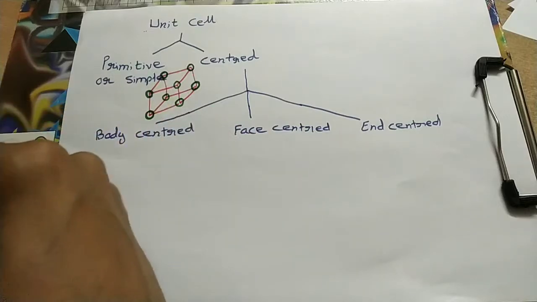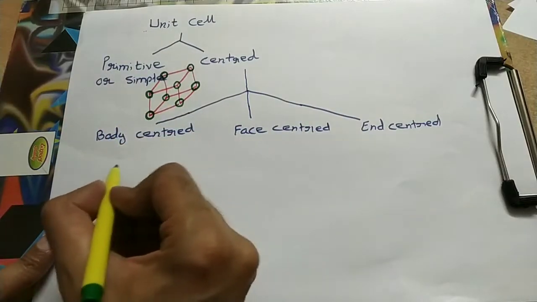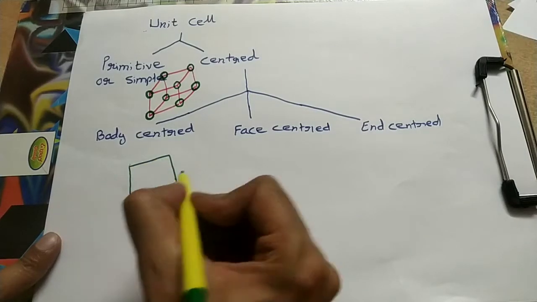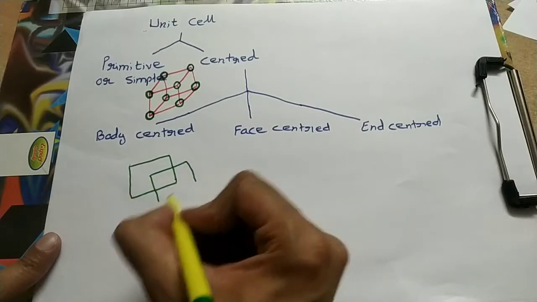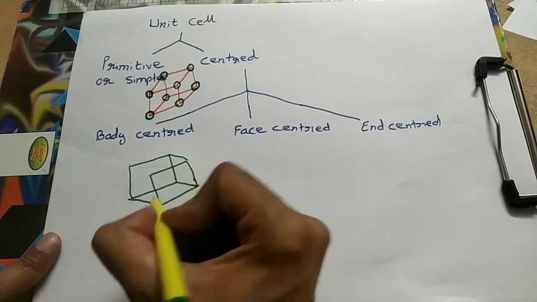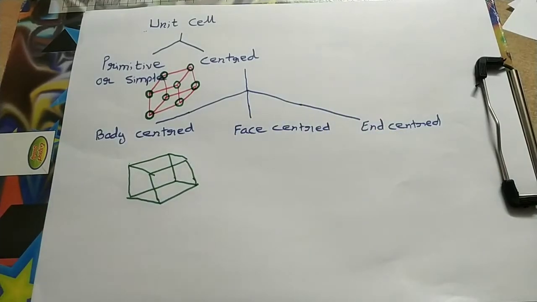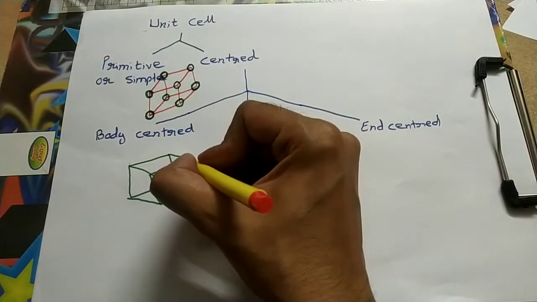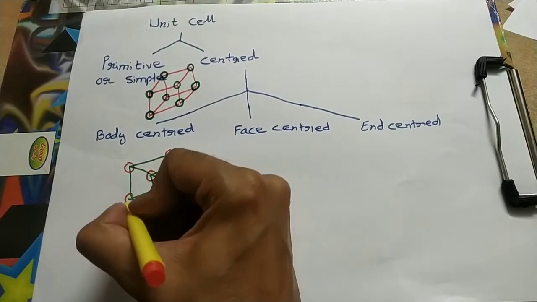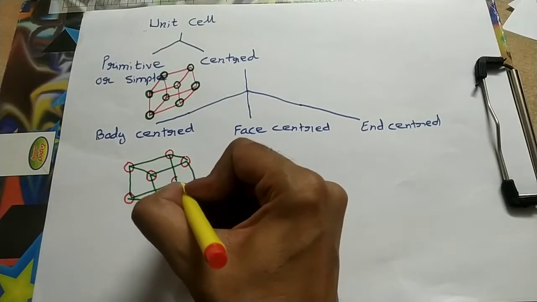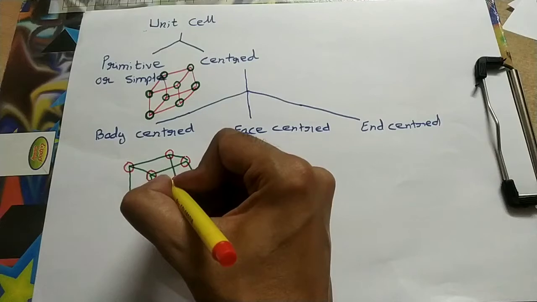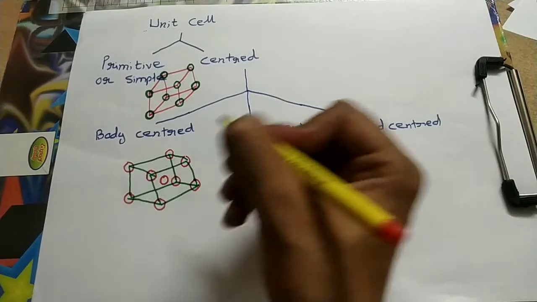First, let's consider the body-centered unit cell. In a body-centered unit cell, constituent particles are present at the corners, 1, 2, 3, 4, 5, 6, 7, 8, 8 corners, and also at the body center.